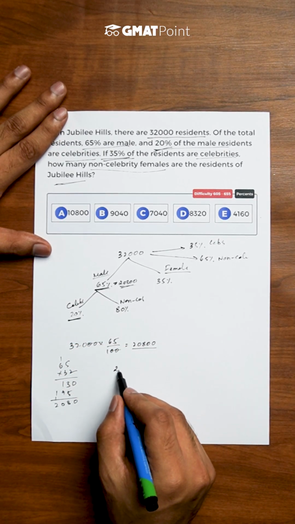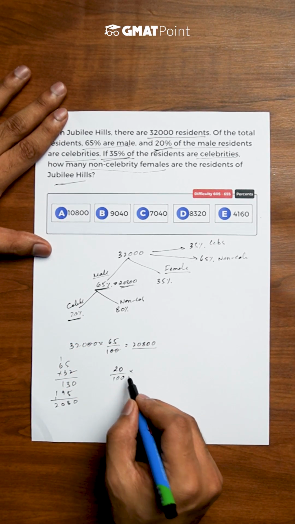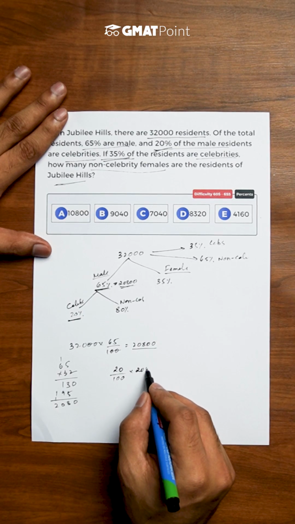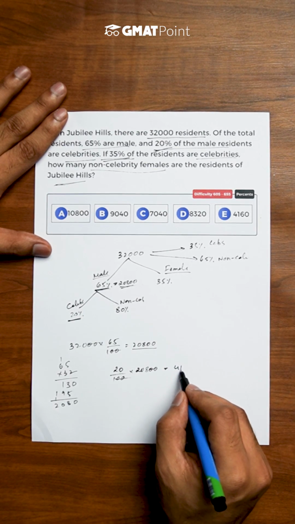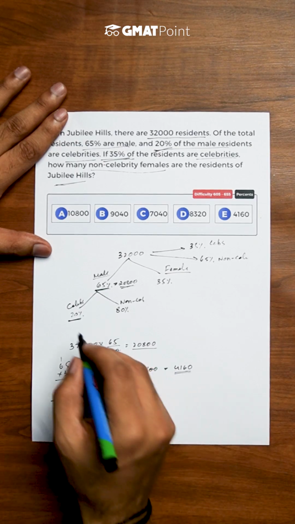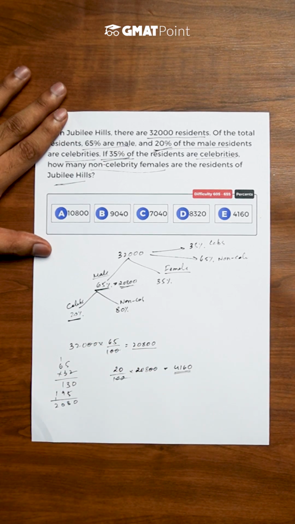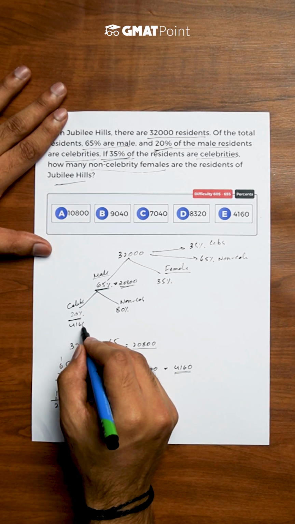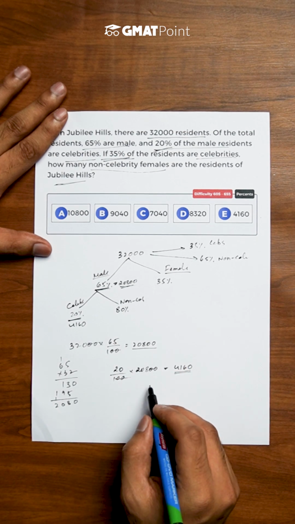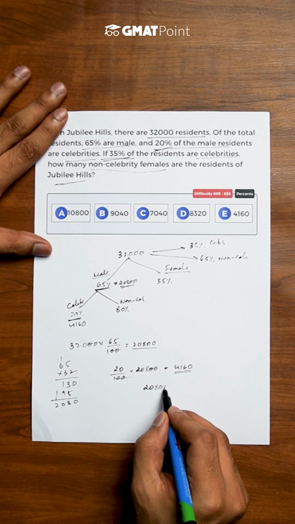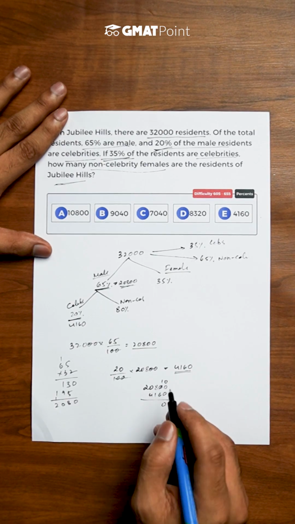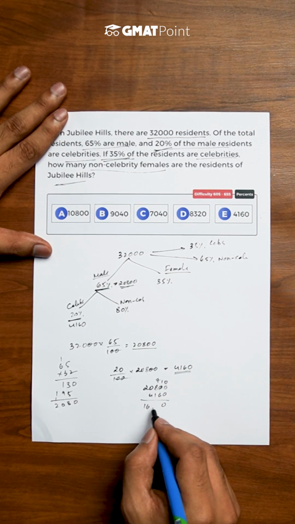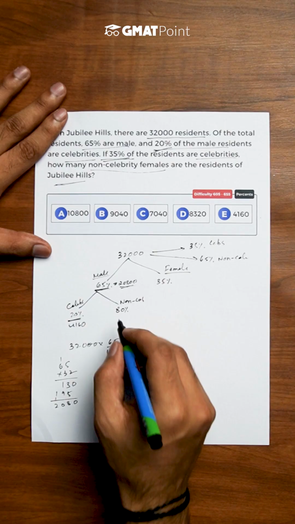20% are celebs. So the celeb population can be calculated as 20 by 100 into 20800, which is nothing but 4160. So the non-celeb population can be calculated as 20800 minus 4160, which is equal to 16640.